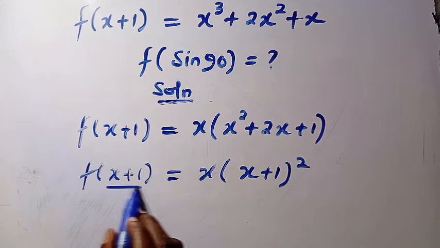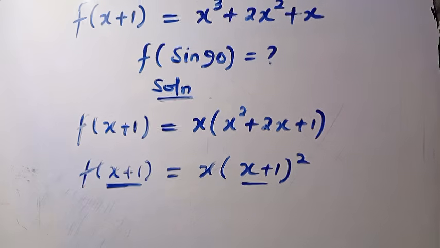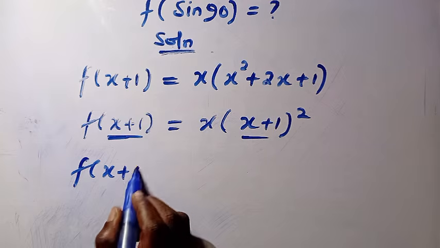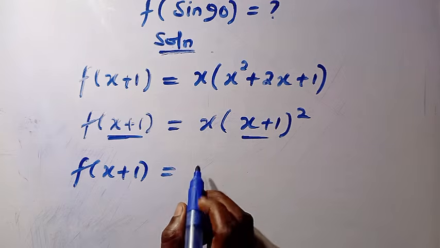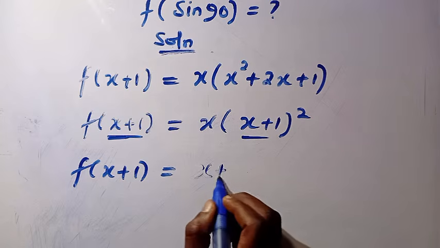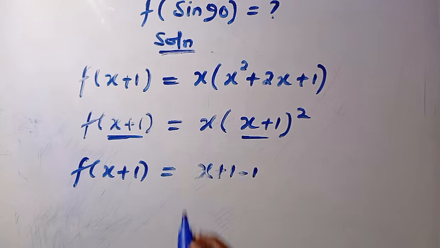We have this as x plus 1, this is also x plus 1, but this is x. If I write this as x plus 1, then I will need to subtract 1 and put it in brackets.